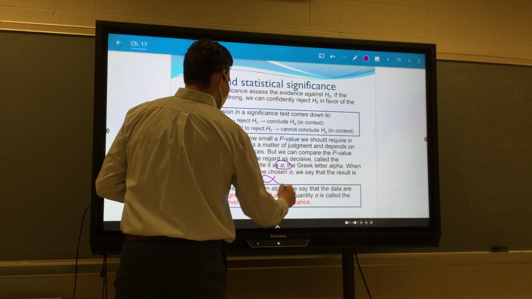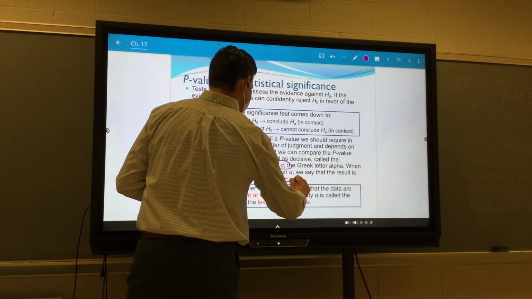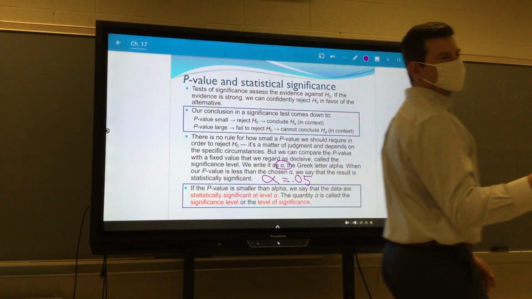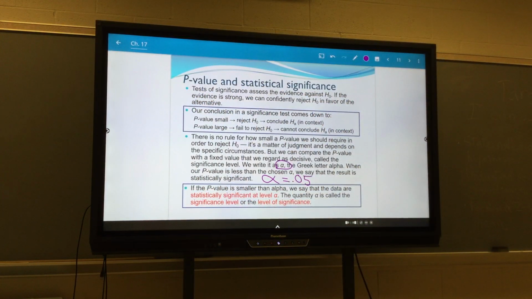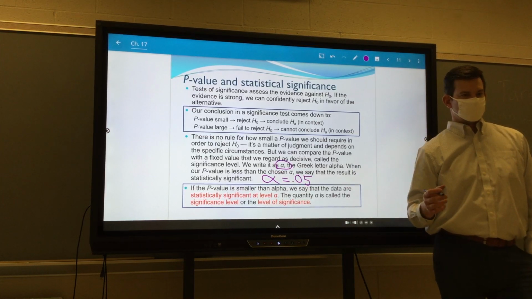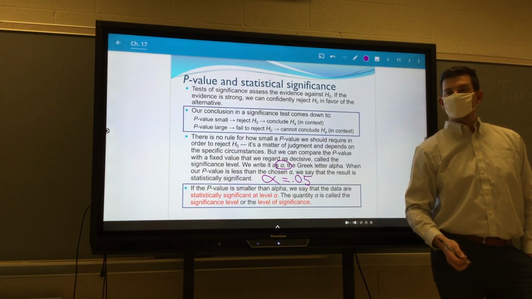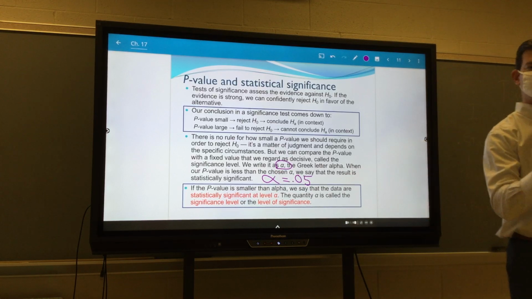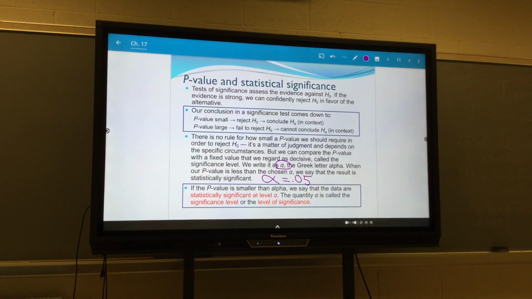Okay? There's a typical level of acceptance. Anything less than 5% is small enough. But that's not written in stone. That can change. I said yesterday that with our confidence intervals, we use a 95% level of confidence most of the time.